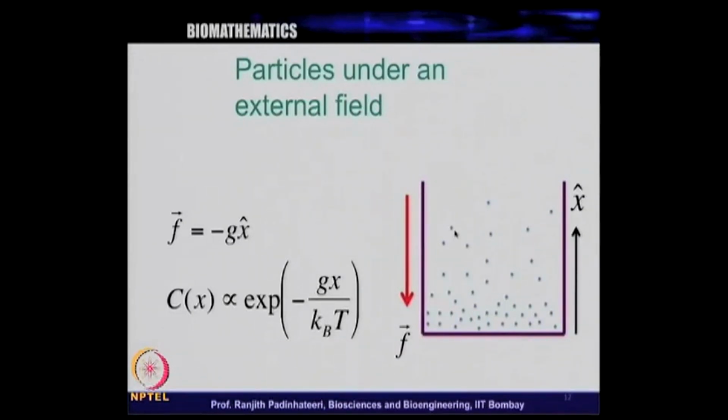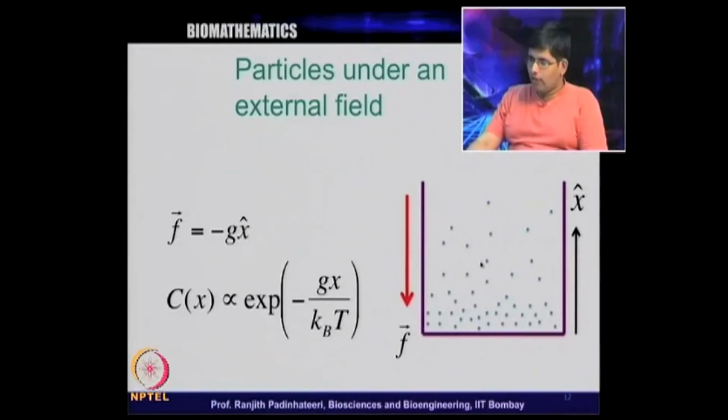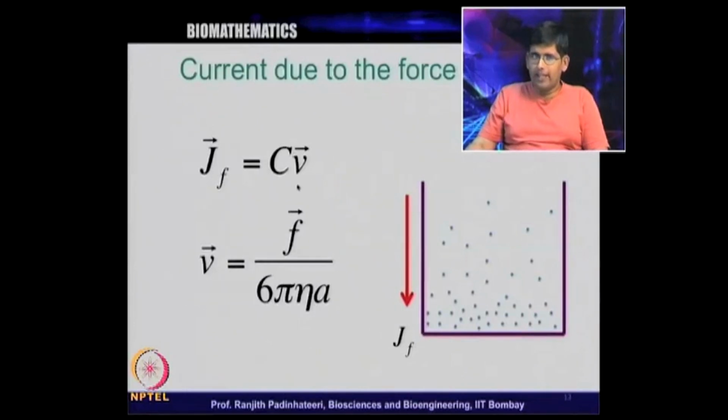They will want to flow down. The flowing down happens with a velocity v, and this v is related to the current or the flow J, as we discussed previously in the case of the Nernst equation. J is the concentration C times v, which is velocity.